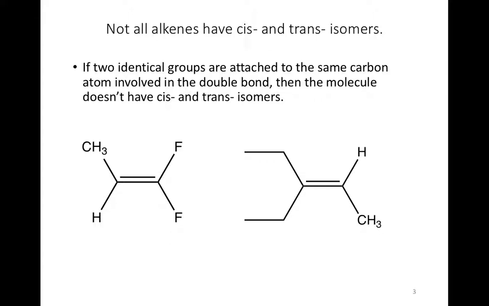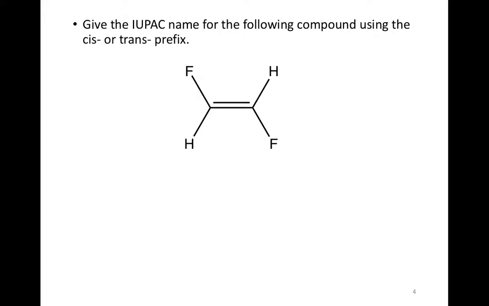So let's look at a couple examples of naming alkenes, including the cis and trans labels. All right, so in my first example, we're showing the hydrogens in this case. The fluorines are on opposite sides of the carbon-carbon double bond. The hydrogens are on opposite sides of the carbon-carbon double bond from one another. And so this is the trans isomer. So we'll name it the same way we would name other alkenes. We just put a trans in front.